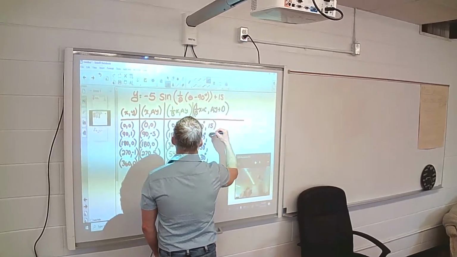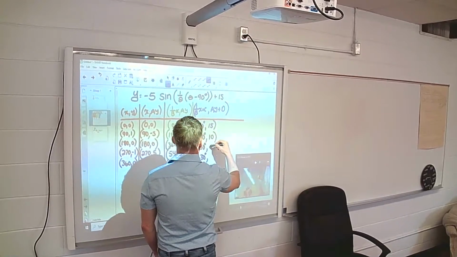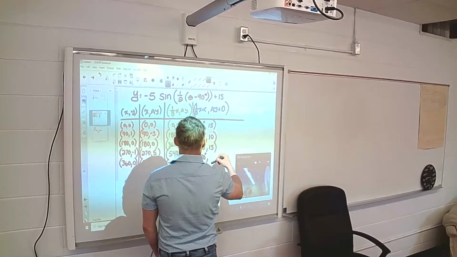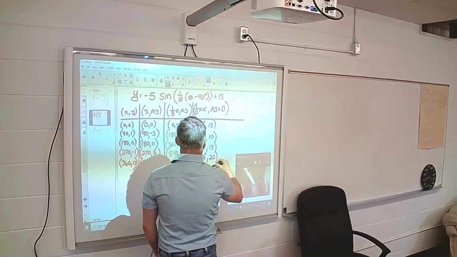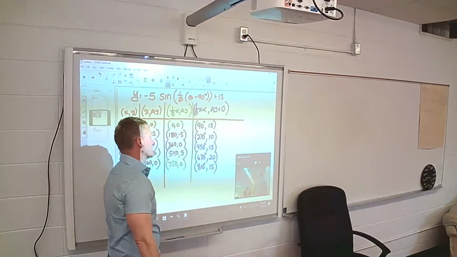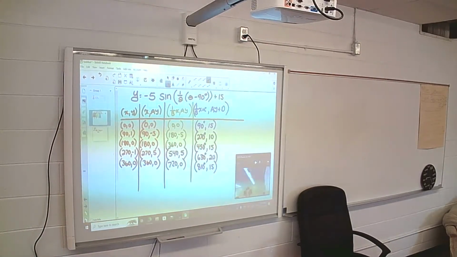15, 10, 15, 20, and 15. Okay, there's my new coordinates that I have to then graph. Are we good so far?